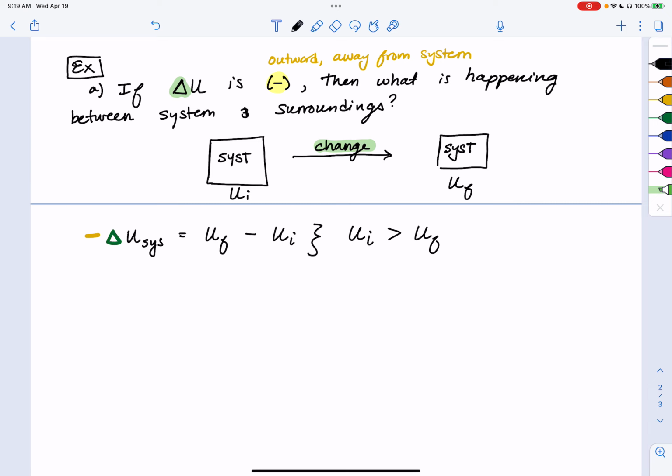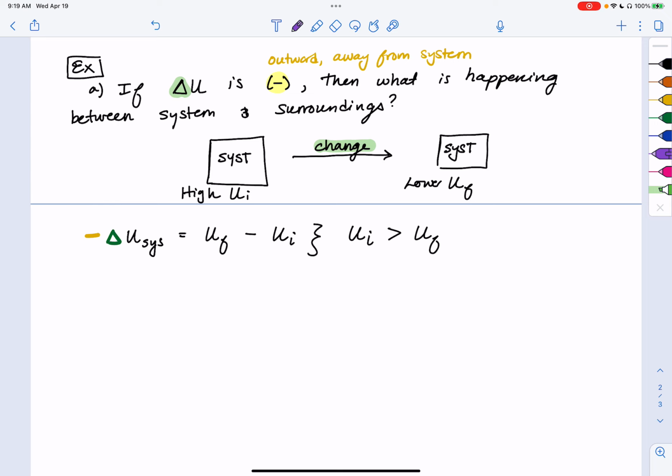So I would say here I have a high amount of total internal energy, whereas here I now have a lower amount of total internal energy. So what is happening then to my system that is going from having a large amount of energy within it to a smaller amount of energy within it?